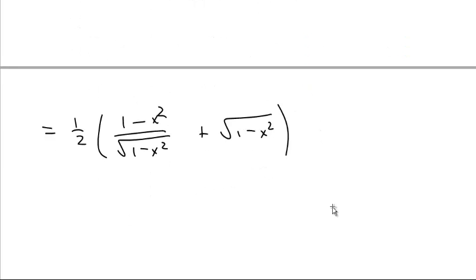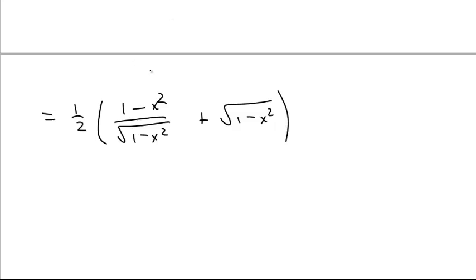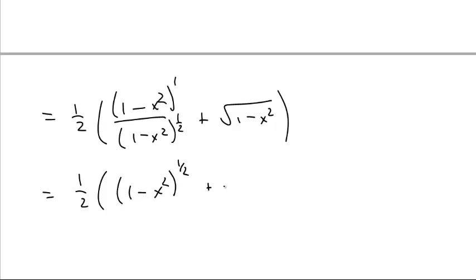Aha! And what is this? This is 1 minus x squared to the 1 power over 1 minus x squared to the 1/2 power. That turns out to just be 1 minus x squared to the 1/2 power plus the square root of 1 minus x squared.